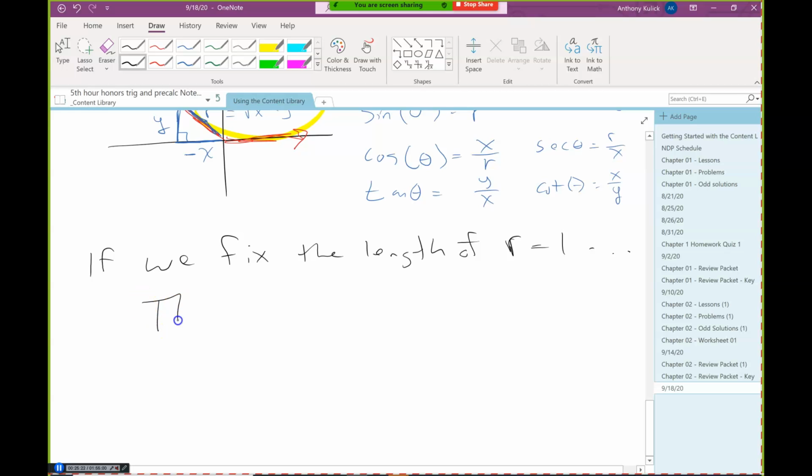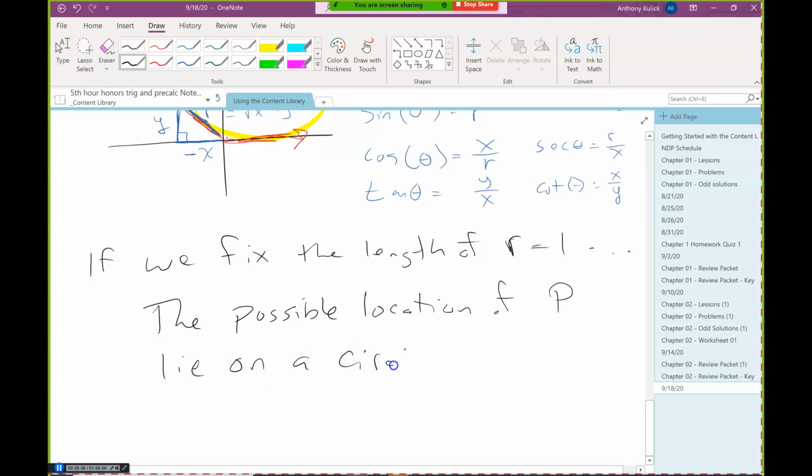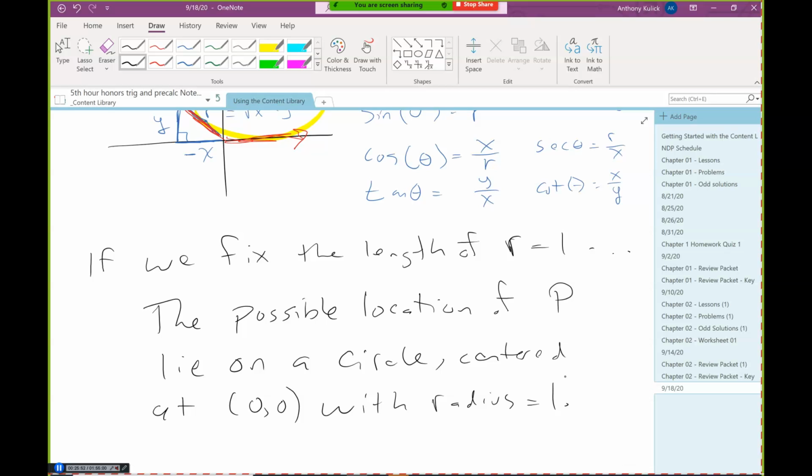So the possible locations of P lie on a circle centered at the origin with radius 1. So far, so good?